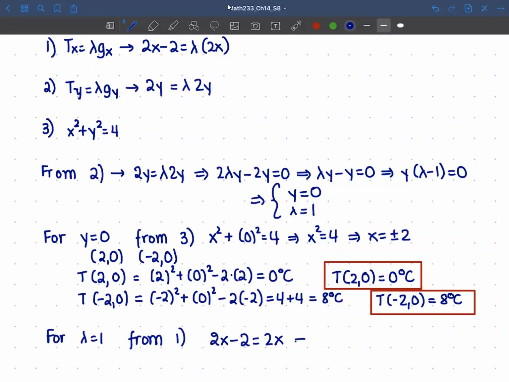If we simplify, we have 2x minus 2 minus 2x is equal to 0. That gives us negative 2 is equal to 0, which is impossible. So we don't have any point for lambda equals 1.